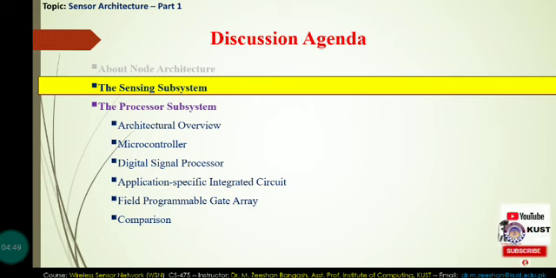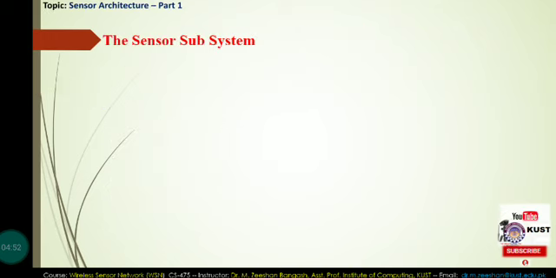Sensing is basically a physical phenomenon and it is not new. Most of the devices in the past were using sensors, so sensing any physical object is not new.